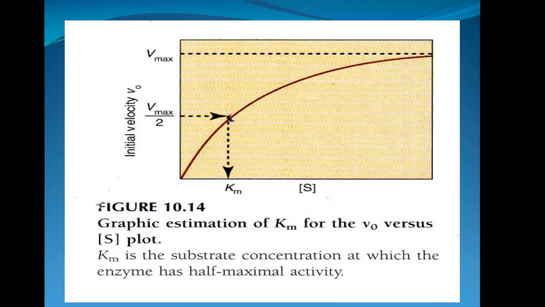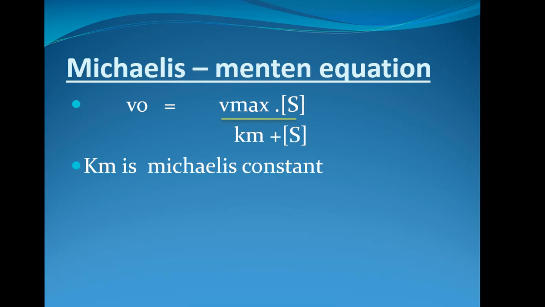So this is a graph showing the relation between velocity of the reaction and concentration of the substrate. To explain this relation, the Michaelis-Menten equation was proposed by the scientists Michaelis and Menten.